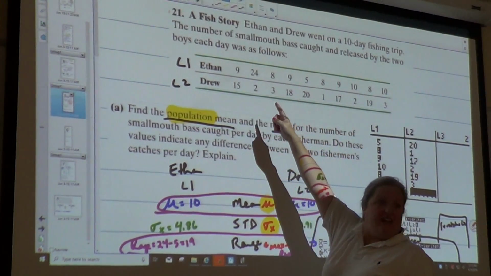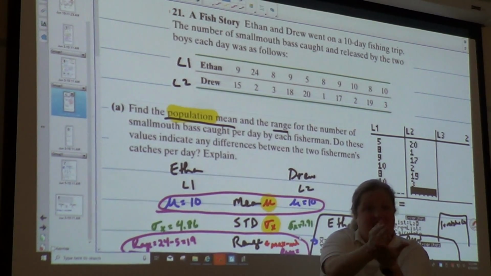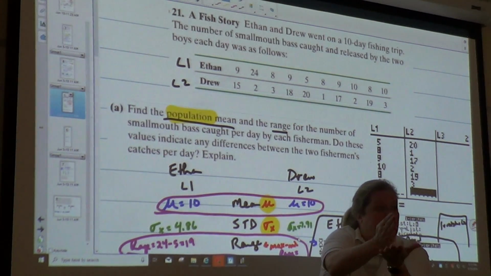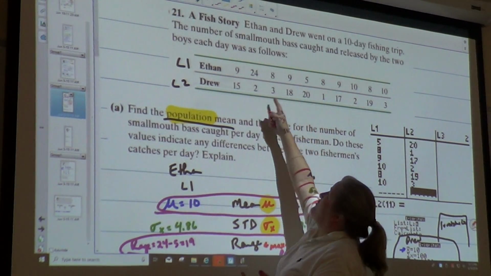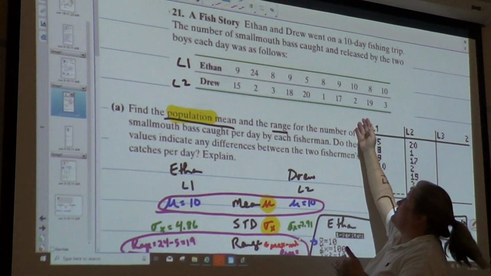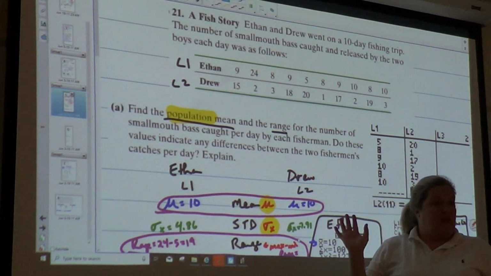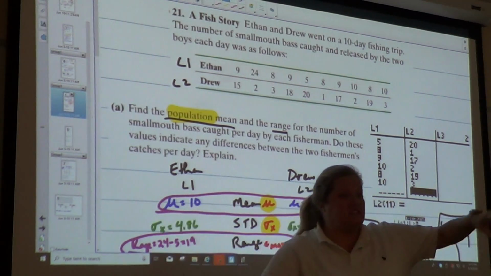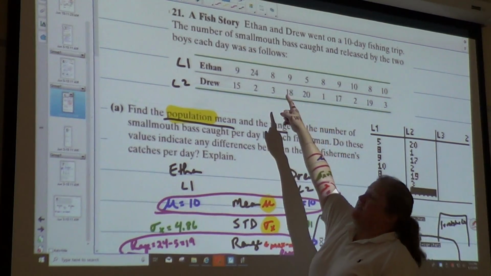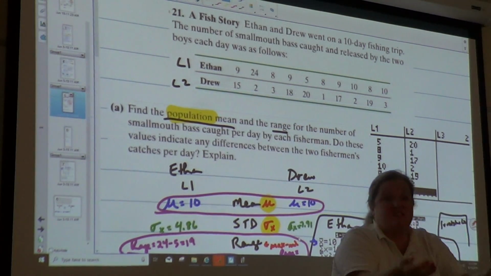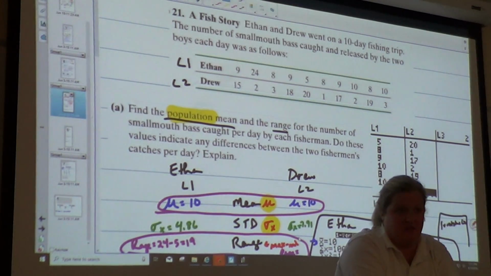He's more consistently catching the same size fish. Drew has a 1 pounder and a 2 pounder and then a 15 pounder and an 8 pounder. He's all over the board. He's either catching a big daddy or he's catching a minnow. Ethan is catching substantial ones every single time.